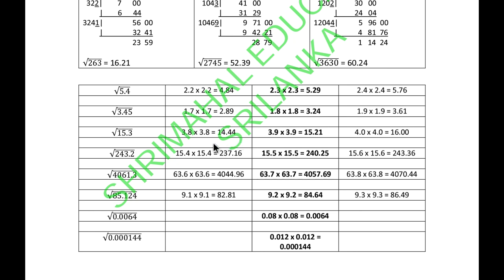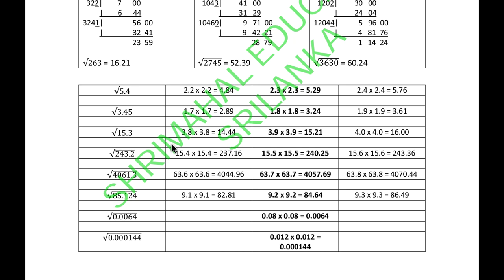Next one, root 15.3. I'll multiply 3.8 times 3.8, 3.9 times 3.9, 4.0 times 4.0. So this is closer for 15.28, that is made by 3.9. So root 15.3 equals 3.9.